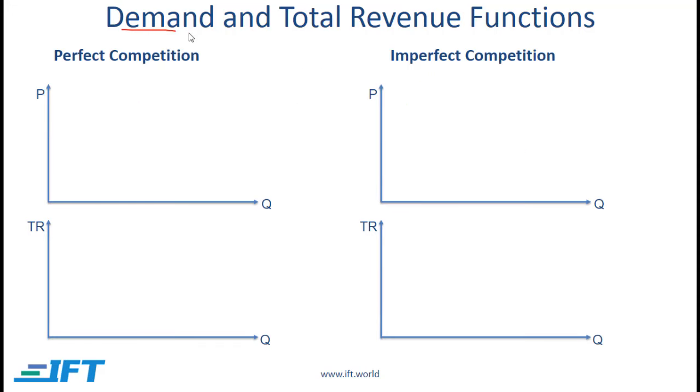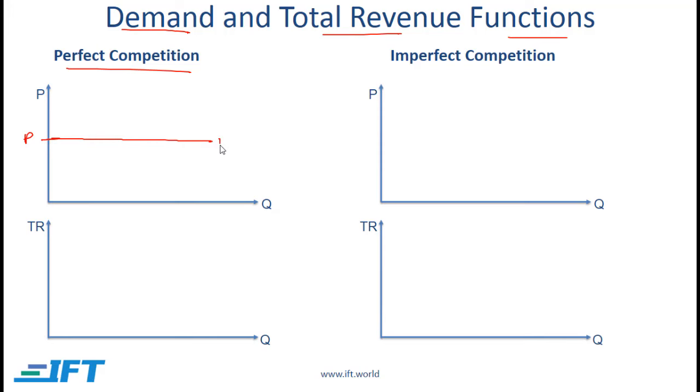Now we will talk about the demand and total revenue functions. First, consider a market where we have perfect competition. In such a market, the demand curve is horizontal. So in this market, each player will see this horizontal demand curve where the market price is over here.